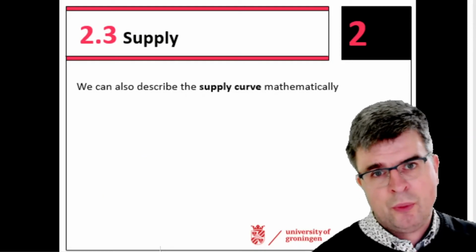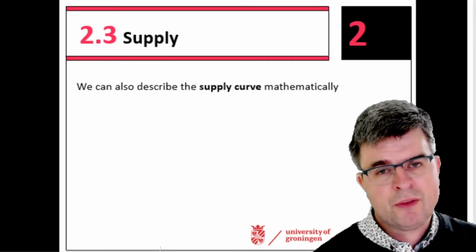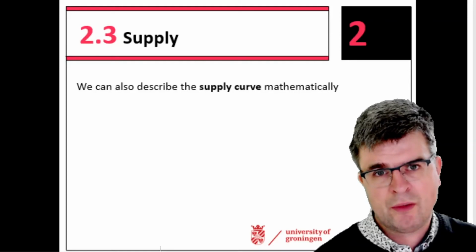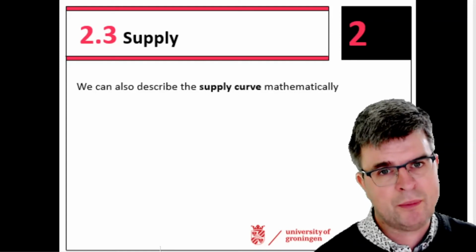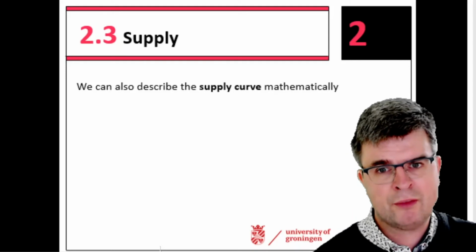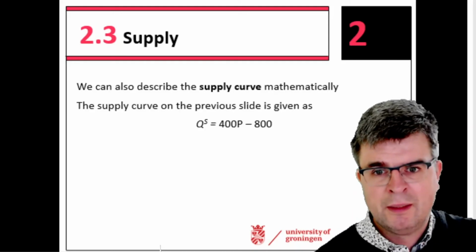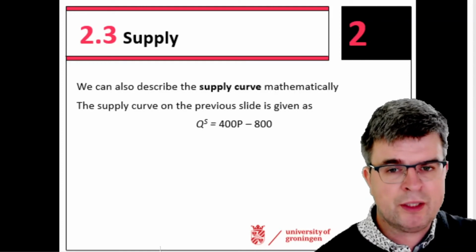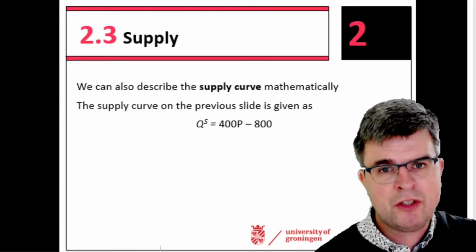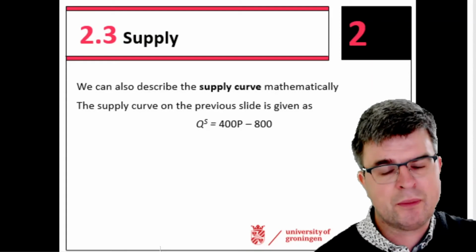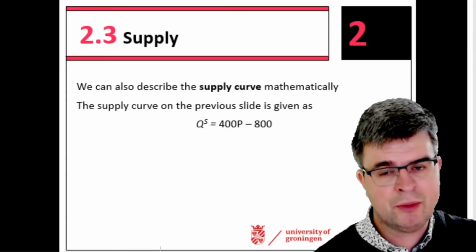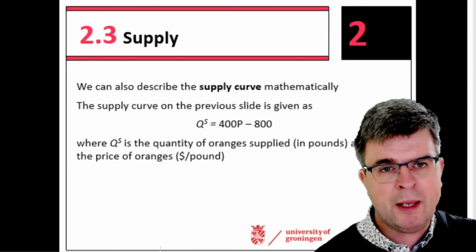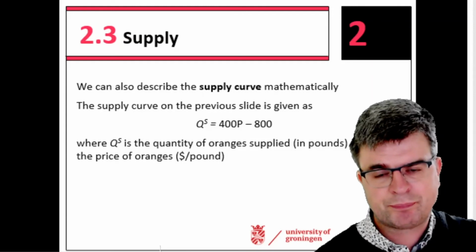Again, we can do a graphical representation, but if we want to compute equilibrium outcomes, it's always very practical to also have a formulation in terms of math. So we will do that next. The supply curve on the previous slide can be written down as the equation Qs = 400P - 800, where Qs is the quantity supplied and P is the price.